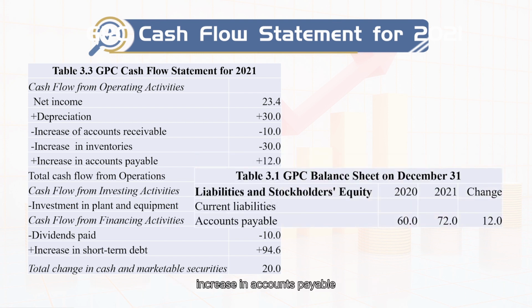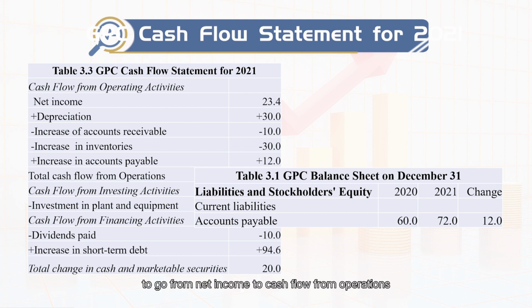The next item, increase in accounts payable, $12 million, can be calculated from the balance sheet as the change between accounts payable of these 2 years. In computing net income, the full cost of goods sold was deducted, but actually, $12 million of the cost has not been paid.